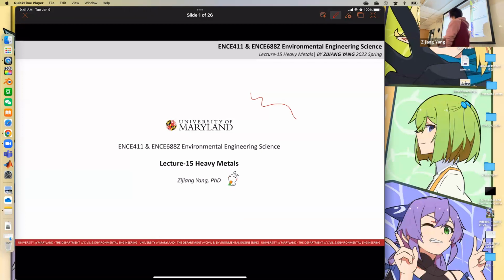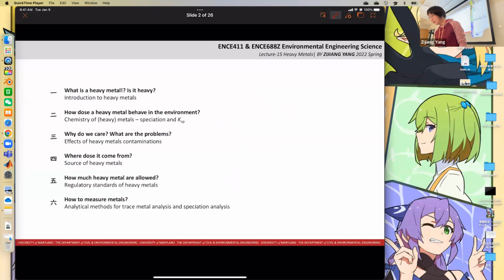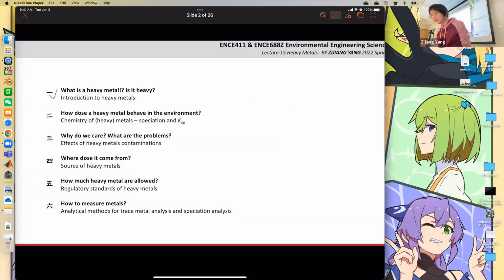So today we are going to talk about heavy metals. Here we have 6 topics. First, I will give a brief introduction about what heavy metal is, and then I'm going to talk about the environmental fate of the heavy metals, especially speciation and the cross products.